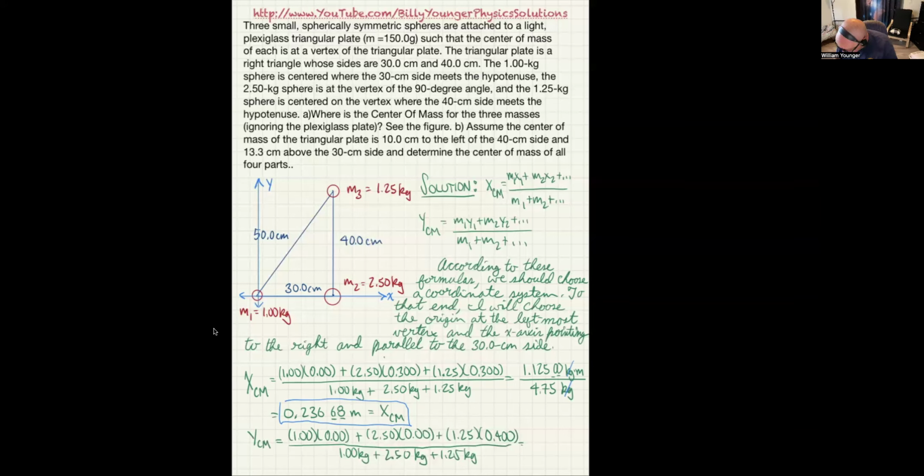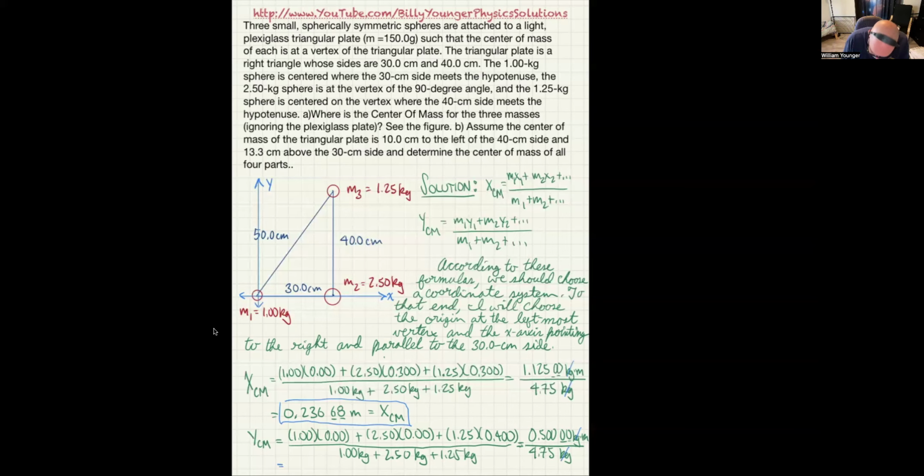So in this case, 1.25 times 0.400 gives me 3 sig figs. So this is 0.500 kilograms meters for the numerator. And then for the denominator, of course, it's 4.75 kilograms. Again, the kilograms can cancel out. And we get 0.5 divided by 4.75. That again gives me 3 sig figs divided by 3 sig figs.